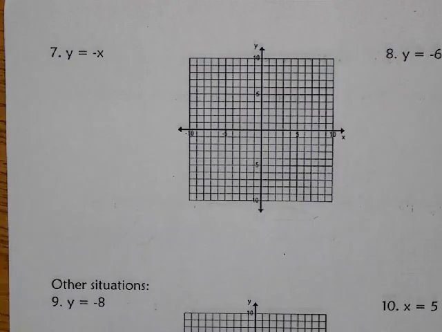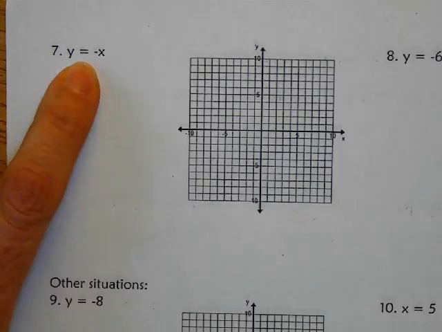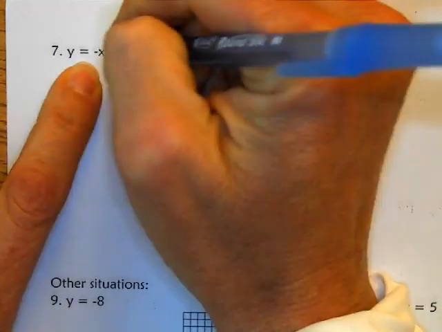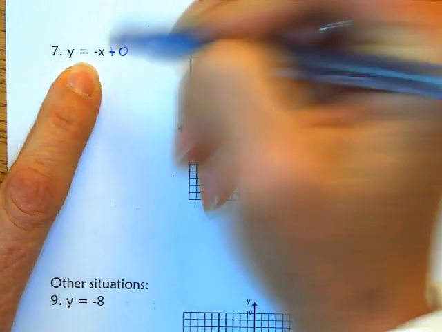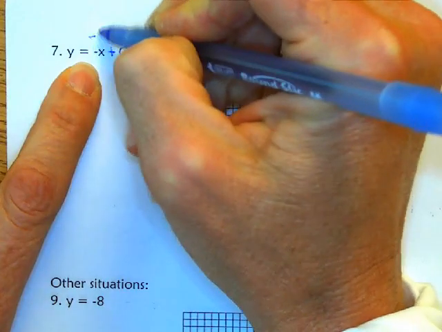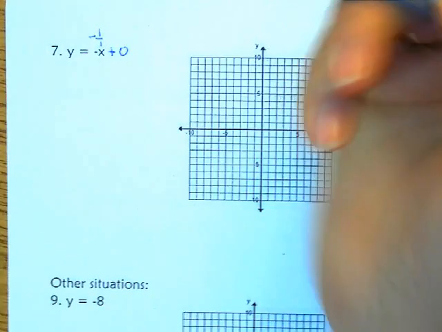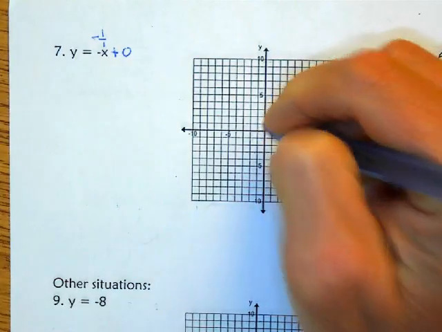All right, we have a couple more remaining that are a little bit different. We've got y equals -x. So we don't have anything that's been added or subtracted, so we're going to put a 0. And then we're going to remember that this is going to be a -1 over 1 for our slope. So we're going to start at 0, 0.